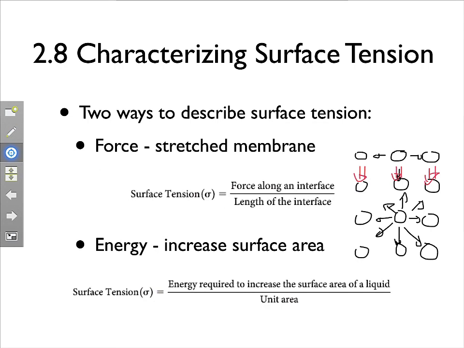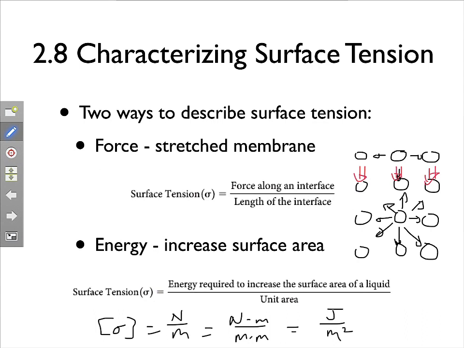Now look at how the units work out. The units of this are force per unit length, so the units of sigma are Newton per meter. But what happens if we multiply both the top and the bottom by a meter? We get joules per area, joules per meter squared.